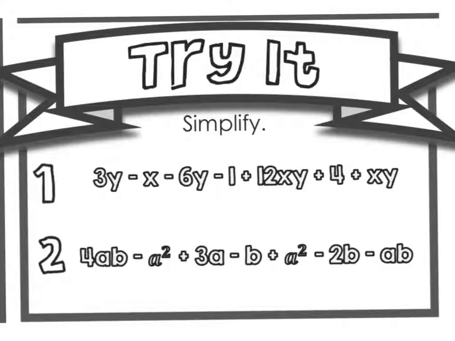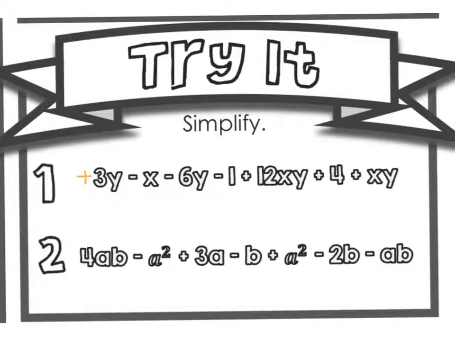Let's look at the try it section. Okay, first let's color code. Remember our lead coefficient, we put a plus sign in front of it. Let's color code the like terms.